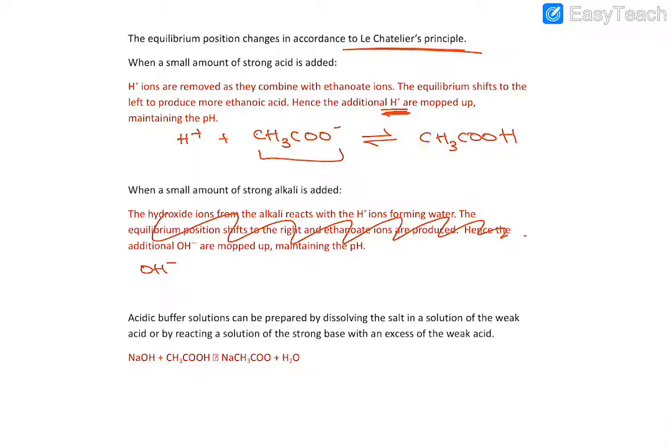Now when OH minus is added, the OH minus from the alkali is going to react with the weak acid, and this is going to produce the conjugate base and water. So any OH minus that is added, up to some extent, is going to be mopped up, maintaining the pH.